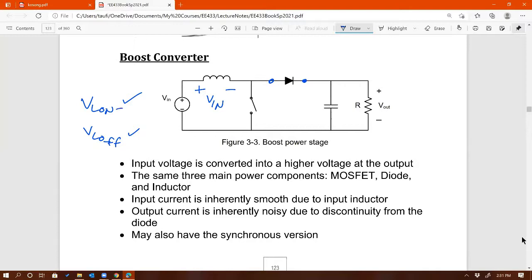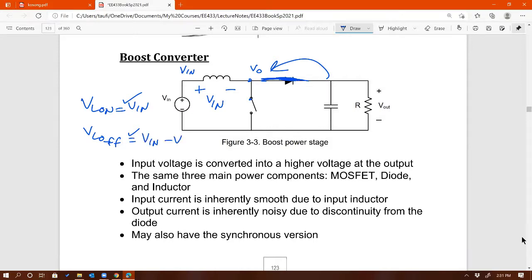So VL on is equal to V in. When the switch is off, the diode is on. It's a short. So now the voltage across the inductor must be equal to V in minus V out, because now this node is the same as that node.